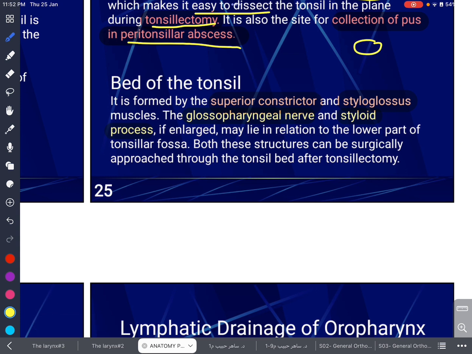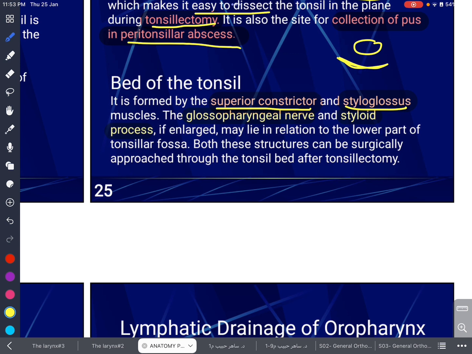This is the tonsil and this is the bed of the tonsil. It consists of two muscles. The first is the superior constrictor muscle, which is one of the extrinsic muscles of the pharynx. The other is the styloglossus muscle.